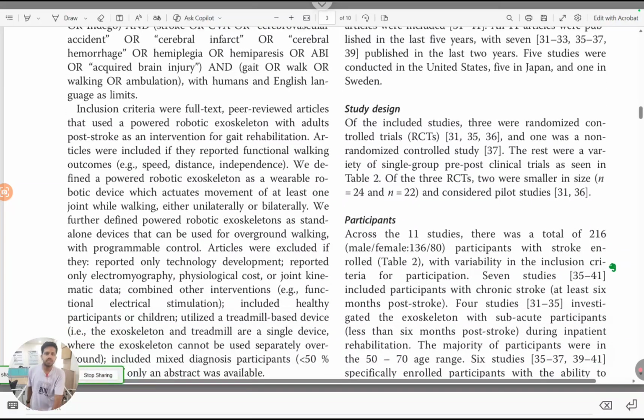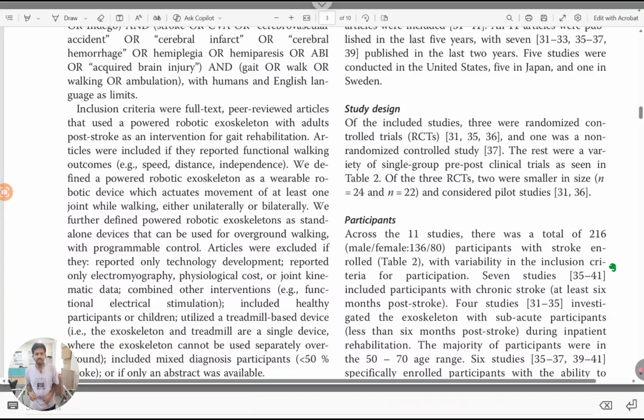Regarding study design of the included studies, 3 were randomized controlled trials, RCTs, and one was a non-randomized controlled study. The rest were a variety of single-group pre-post clinical trials, as seen in Table 2.